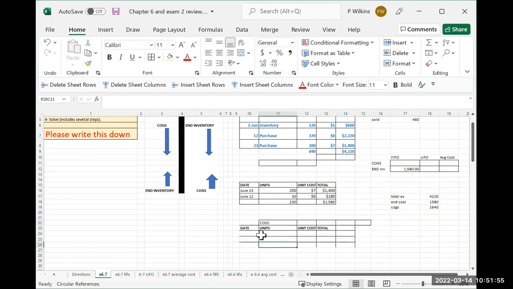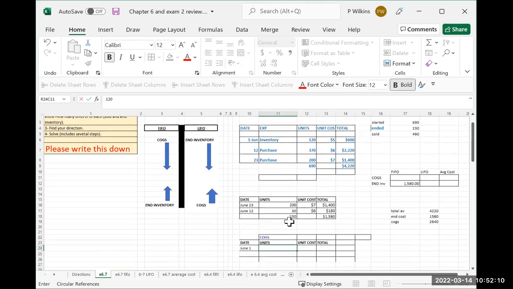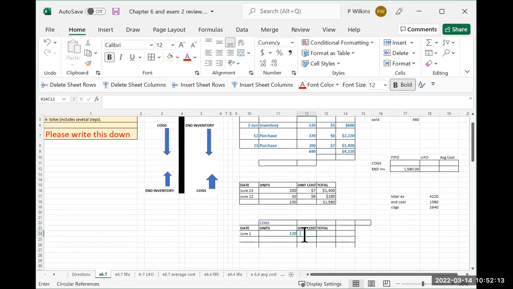Okay. All right. So top down until we get to 460. Top down, FIFO. All right. So we've got 120 units at $5 each from June 1st. Okay. June 1, we've got 120 units at $5 each for a total of $600.